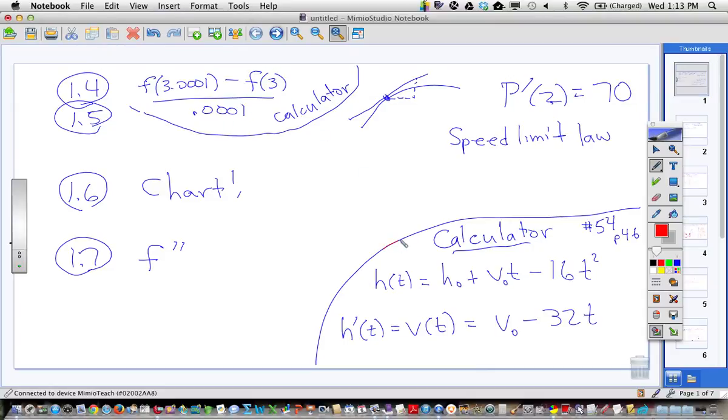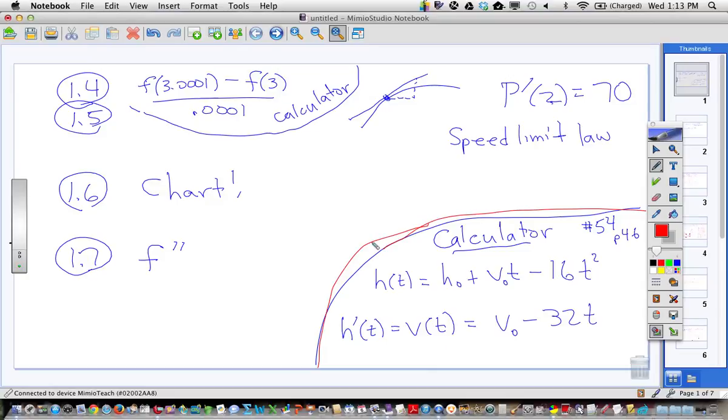Now the other calculator thing that I will have you do would be, there was a homework problem number 54 on page 46 about height of a ball if it's dropped or thrown. Now, I don't think we spent a lot of time going over that. So, if you want to go back and look at that problem when you have some work time today and ask me about it or ask each other, whatever.